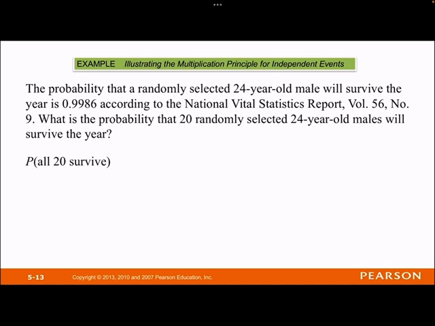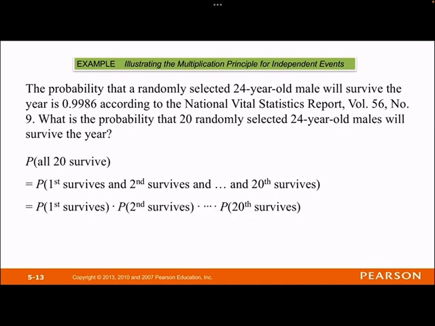So we want the probability that all 20 survive. Just like in the last example, we want the probability that the first survives, and the second survives, and the third survives, so on and so forth, up to the 20th person. They're independent, so we multiply those probabilities together.